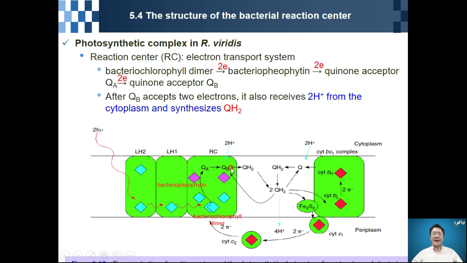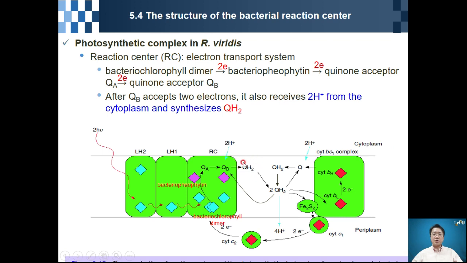So after that, quinone acceptor QB accepts two electrons from QA. It also receives two protons from the cytoplasm. So this is the cytoplasm. After that, it will synthesize QH2 quinone.